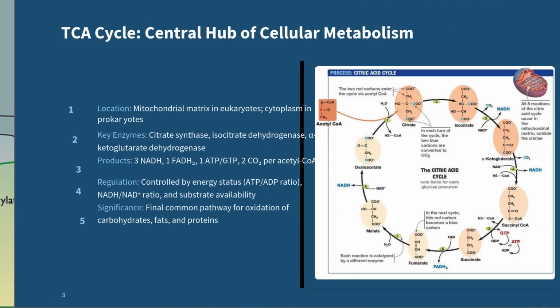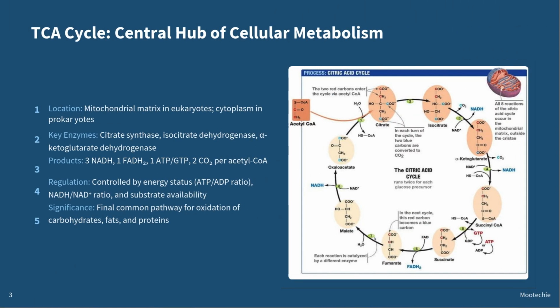Let us now look closely at the TCA cycle, the central hub of cellular metabolism. First, its location. It occurs in the mitochondrial matrix in eukaryotes and in the cytoplasm in prokaryotes. The key enzymes include citrate synthase, isocitrate dehydrogenase, and alpha-ketoglutarate dehydrogenase.